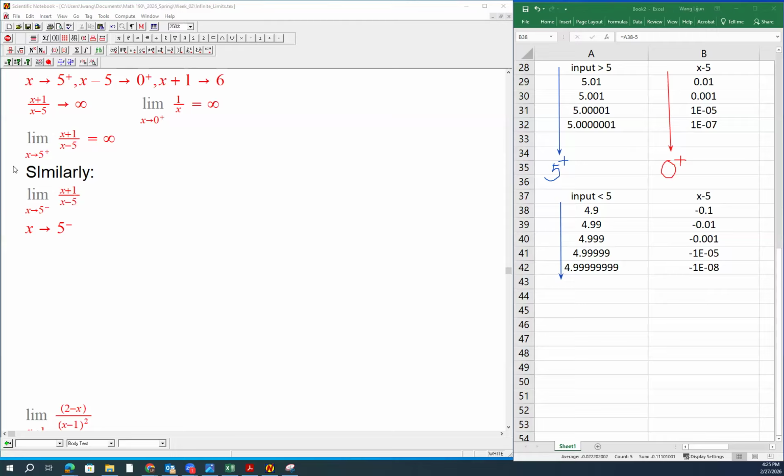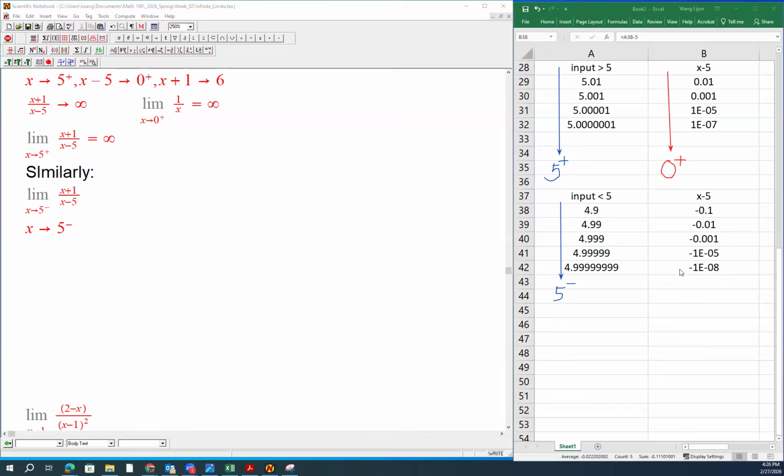So let me draw 5, and smaller than 5. This is a dynamic process, but you're going to see in your mind that x is constantly getting closer and closer to 5 from smaller than 5. It's not going to stop anywhere. It just keeps approaching 5 from smaller than 5. So we use x arrow 5 from smaller than 5.